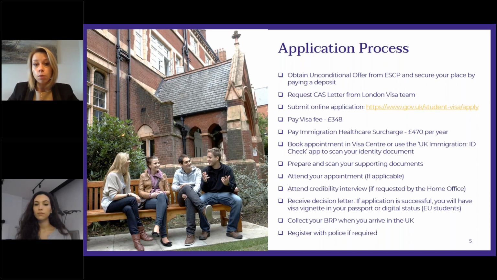EU students are more likely not to book an appointment in the visa center, but rather to use the UK Immigration ID Check app, which they can install on their phones. With this app, they will be able to scan and identify their documents, which is either a passport or a national ID card.